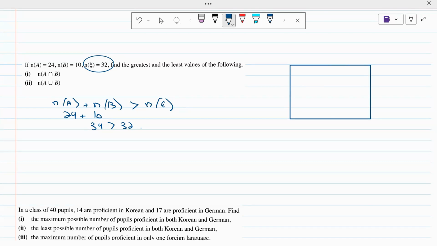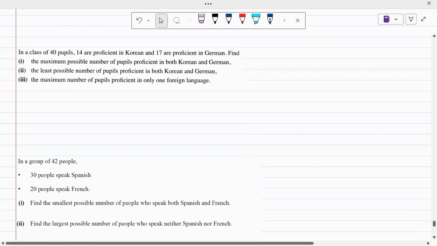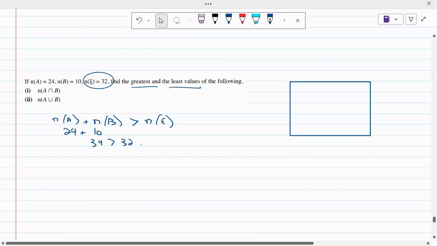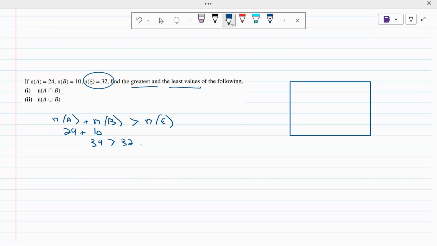Okay, so we have to find the greatest and least value of A intersection B. Always remember, whenever it is the greatest value of A intersection B, it will always be the subset. So for A intersection B to be greatest, I would make it a subset. I have to keep n of A intersection B at a maximum.